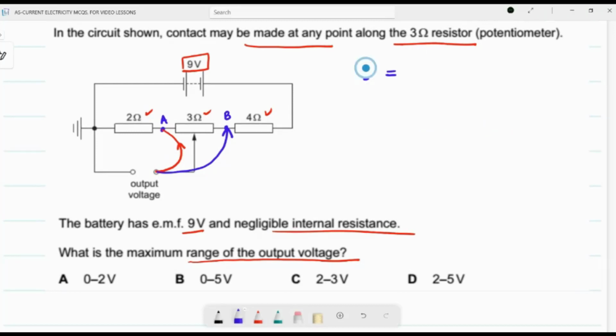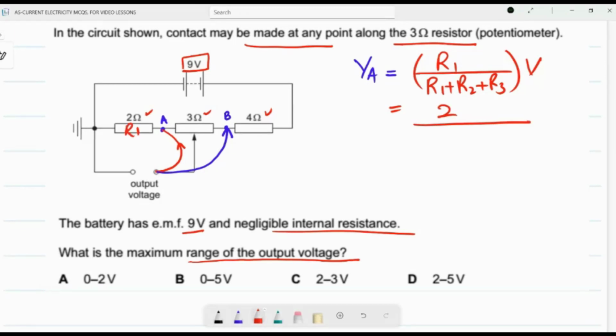V at point A is R1 divided by R1 plus R2 plus R3 times V. So it gives you 2 ohm, the resistance of this resistor R1, and then the total series resistance over here is 2 plus 3 plus 4, and the total voltage is 9 volt. So this will give you 2 volts. So VA is basically 2 volts.